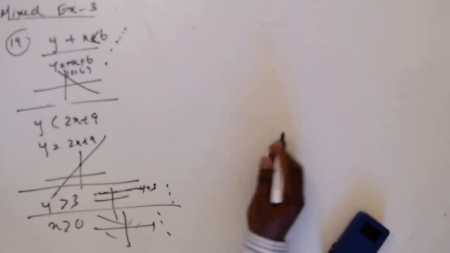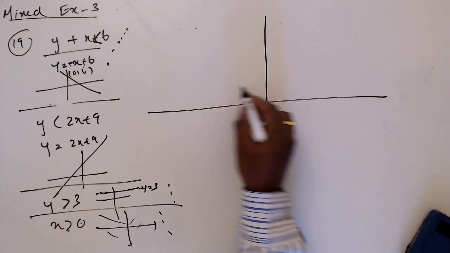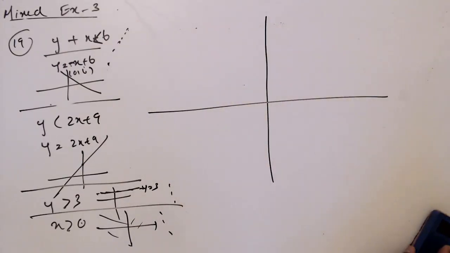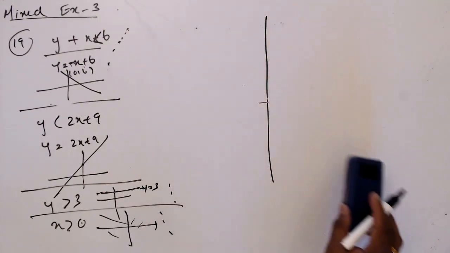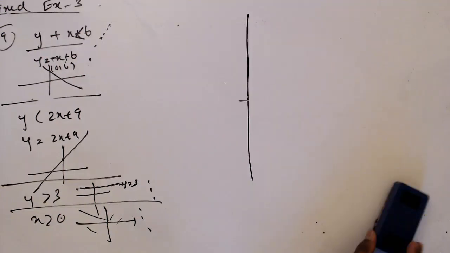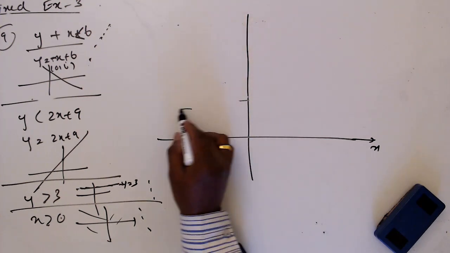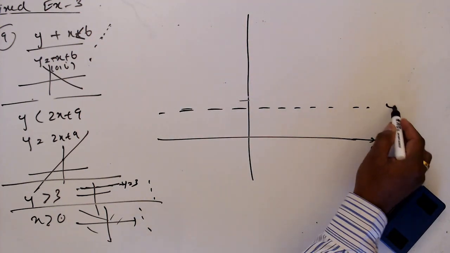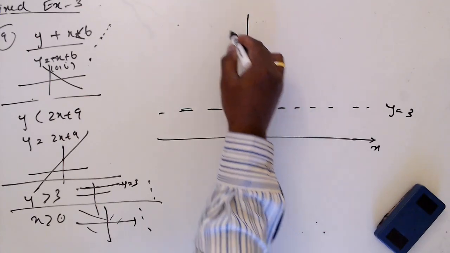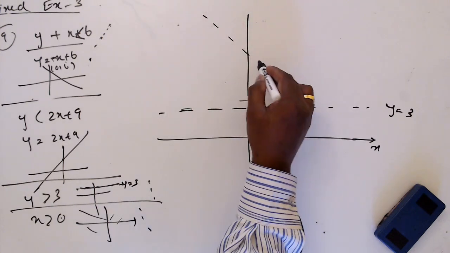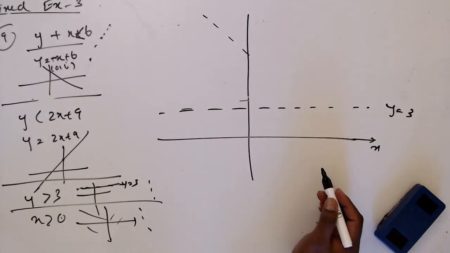Now we'll start drawing. This is the y equal 3 line, and we'll draw it as it is.